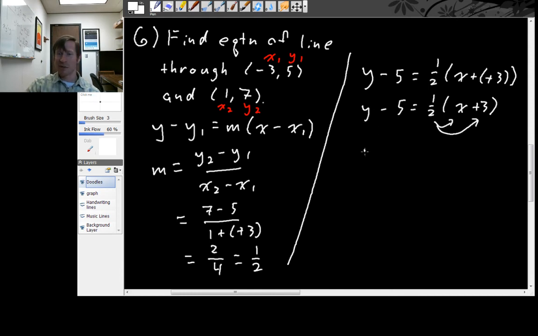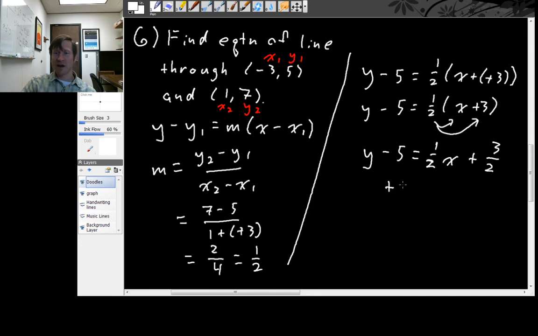So distributing that 1/2, we get y minus 5 equals 1/2 x plus 3 times 1/2 is 3/2. That's 1.5, but I like improper fractions myself, so I'll just leave it like this.